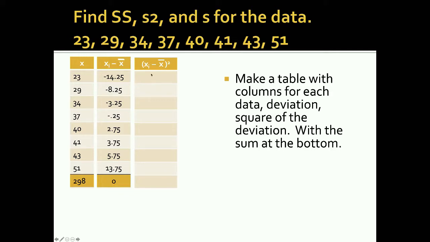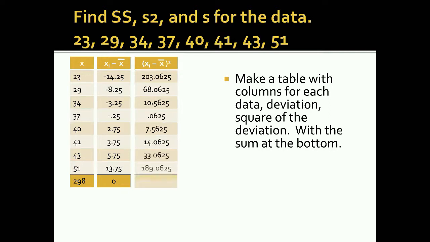Now we're going to square each one of our deviations because our goal here to begin with is to get the sum of squares. So we have to square each one of these. And you could go through with a calculator and square each of those, and you would get these values. And then you could add all of those values up, and you get your sum of squares.